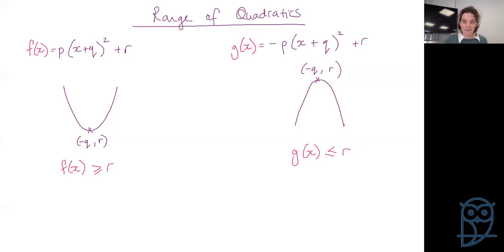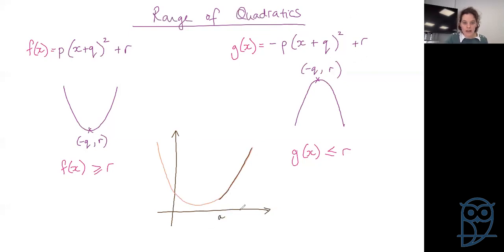Now we might want to do something more interesting. We might want to look at a different type of domain restriction, okay? Let's say we have a beautiful quadratic like this, right? But we only want to look at this piece of it here.